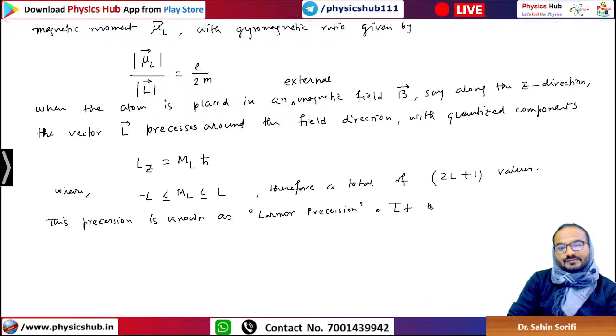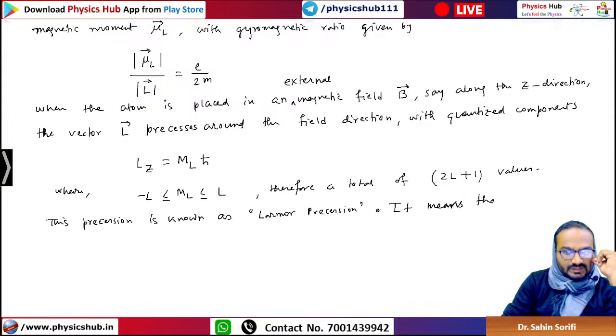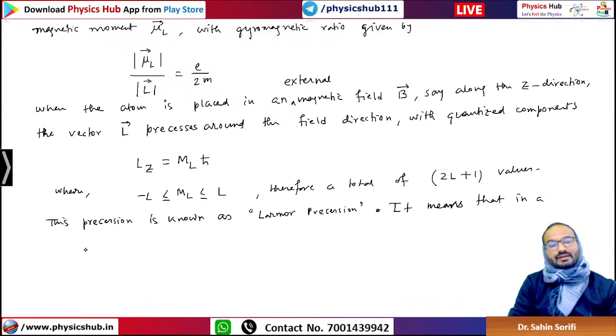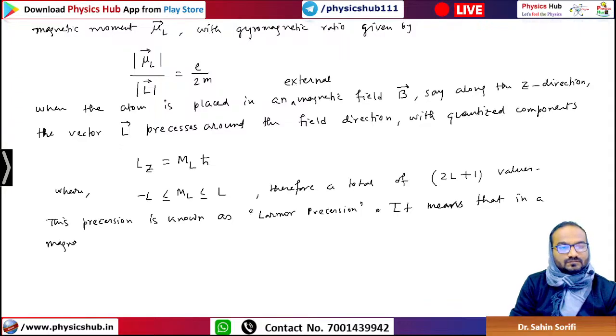It means that in a magnetic field, a particular L value is split into 2l plus 1 different values.